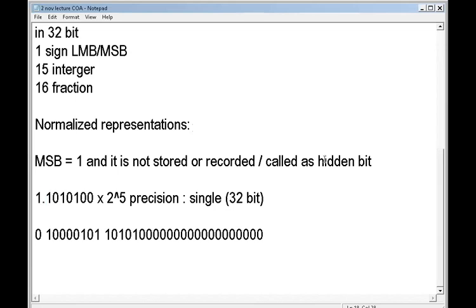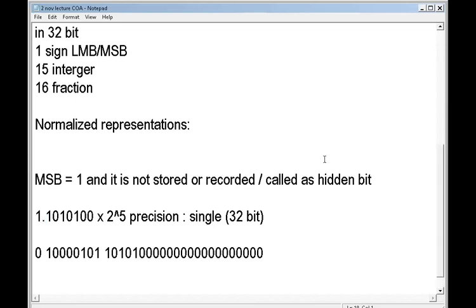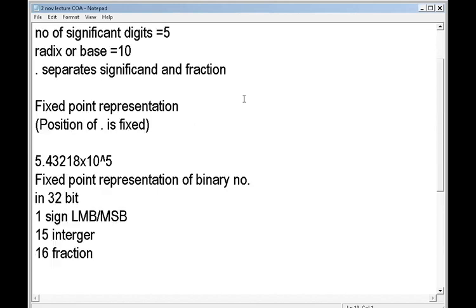For example, in our decimal system, this number 5.43218 into 10 power 4 is a normalized representation. Why? Because before this decimal point, I am having only one significant digit, right?